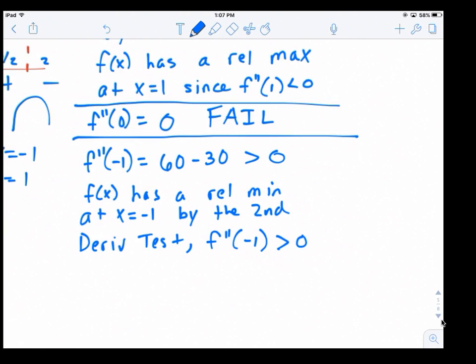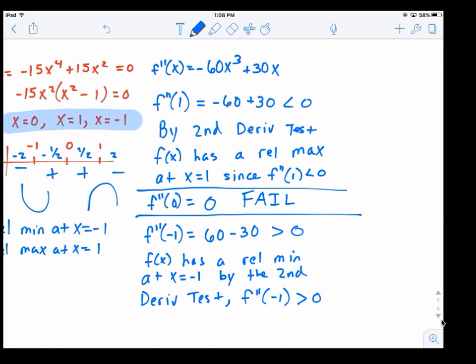Depending on the function that they give you, second derivative might be a little bit quicker to do.